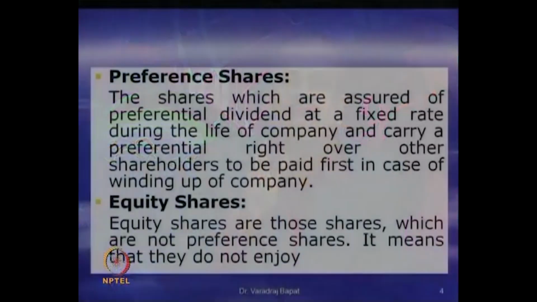Of course, this preference is on paper only. Practically, there is not much market for the preference share because they do not share the additional profits of the company. As against this, we have another category of shares which are known as equity shares. Now equity shares are the real owners of the company and all the balance profit of the company is entitled to equity shares.